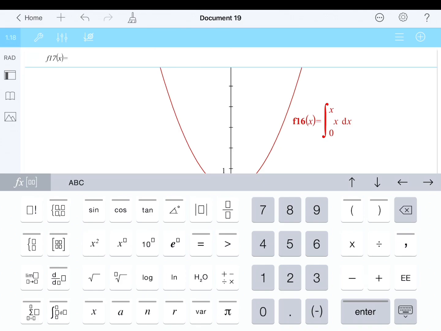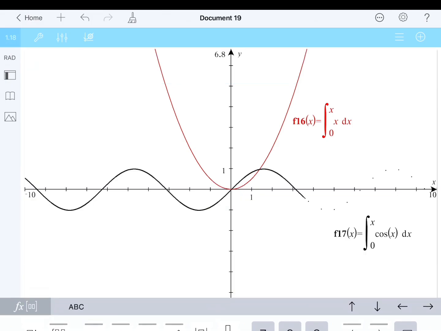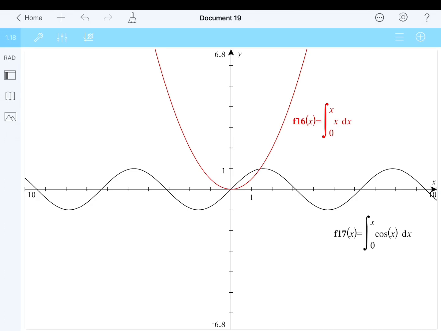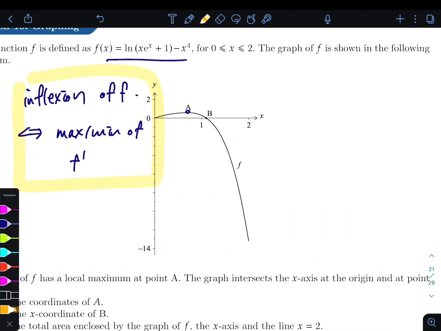So let's integrate cosine x from 0 to x. Then yes, I do expect to get sin x. But for sketching the integral, I think it's very rare, because of the tricky part of the bounds. It may not be 0 for the cosine integral, that's the sine. If you put 0, it becomes a 0, but it's not the same thing for the sine integral. So you've got to be extra careful.